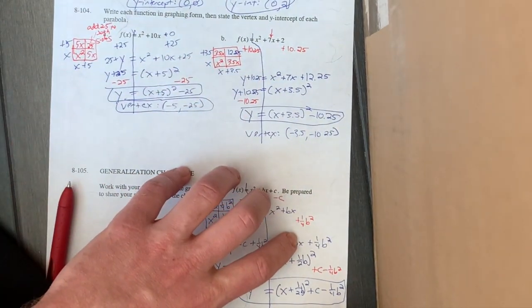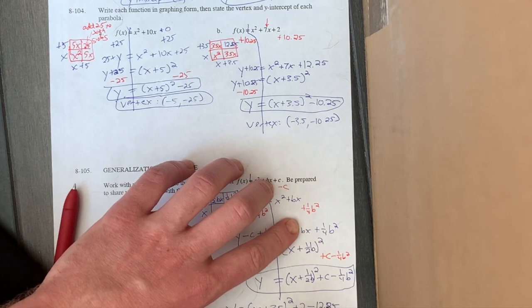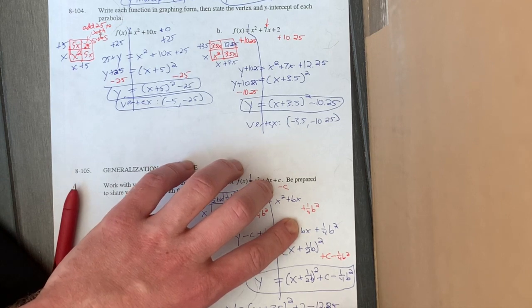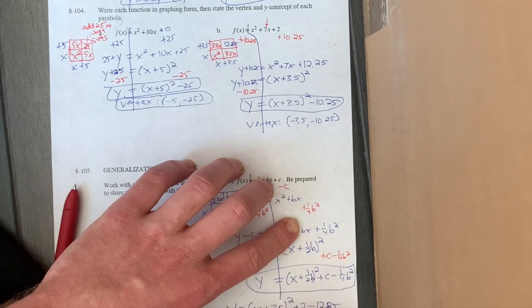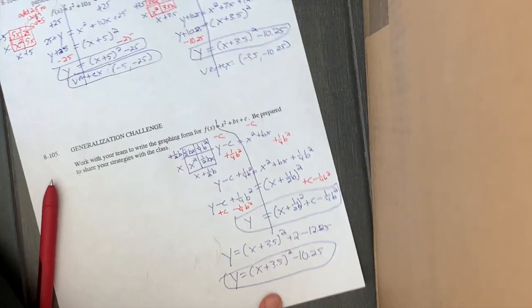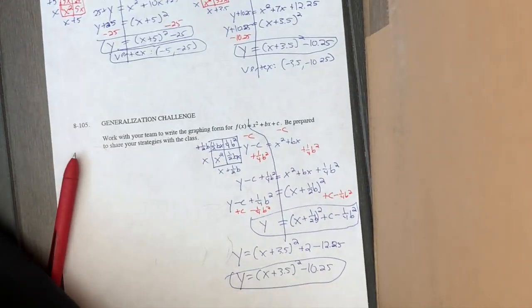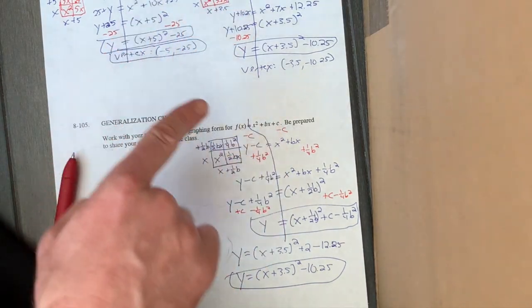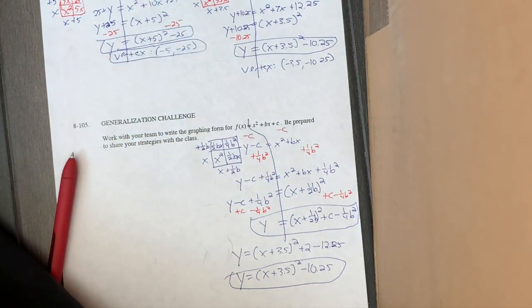So we subtract 12.25, and yes, this formula would have worked if we knew it. So 2 minus 12.25 is negative 10.25. This would have been a faster way to get to vertex form because we proved it already. And if you're following the same steps again and again, there's usually a formula you can use. So this challenge problem was just to get you to understand that this formula exists.